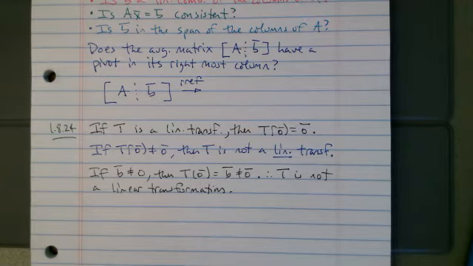In 25, we're given that v is not 0 and p is in Rn. The line through p in the direction of v has this parametric equation. Show that the transformation maps this to a line or to another line. So in 25, we're just going to use the fact that a linear transformation respects linear combinations.